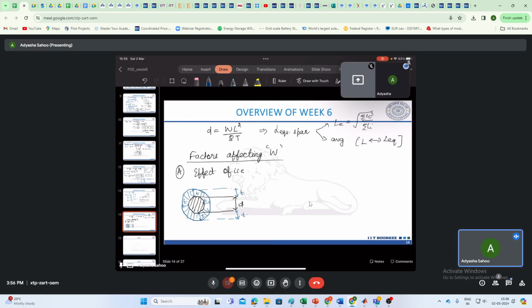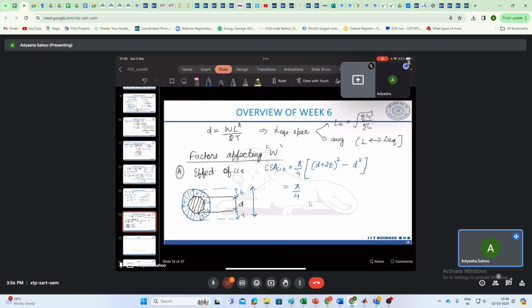Due to this ice formation, your cross-sectional area has increased. If we consider the increase in cross-sectional area due to ice, that can be written as pi by 4 into the total of ice plus conductor, which is (d plus 2t) squared, minus without ice, which is d squared.